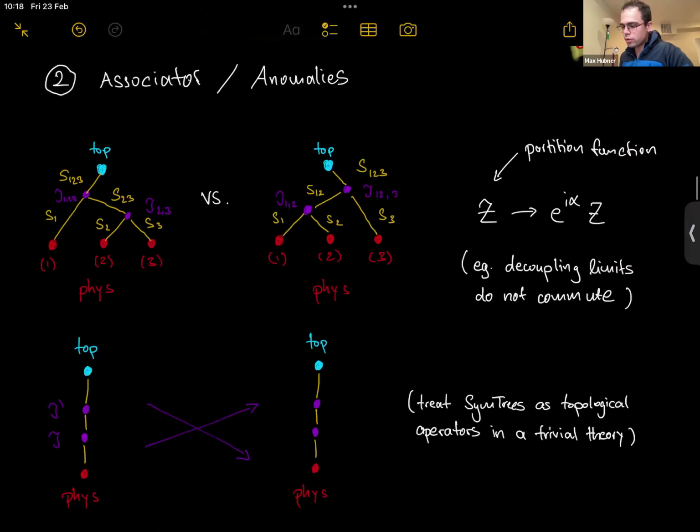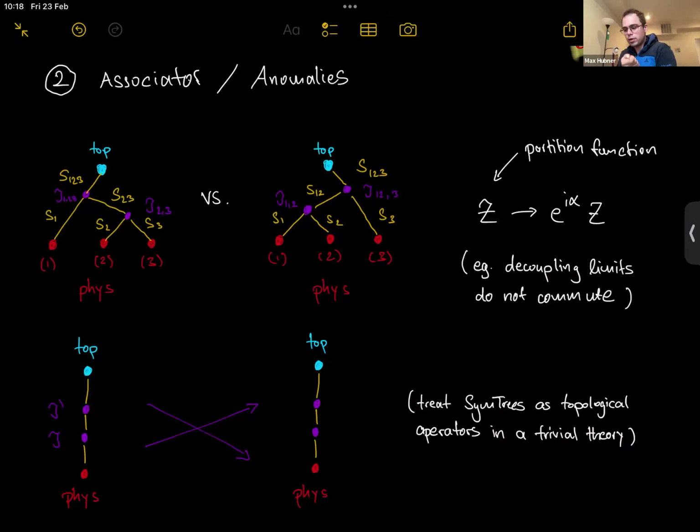Now, if one studies SymTrees, then one might also start trying to rearrange them. So here I've drawn the standard associator picture, where the external nodes are a single topological boundary condition and three physical ones. And I could have SymTFTs running in various ways between them.